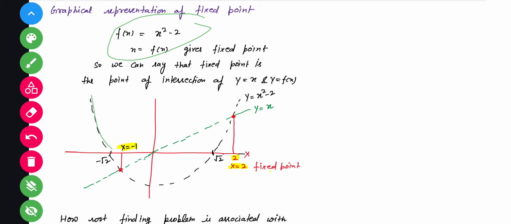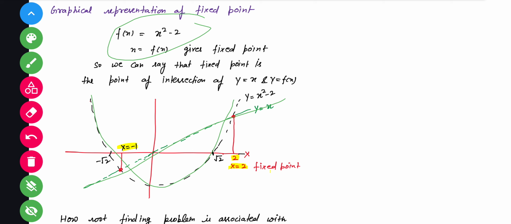So this is our y equal to f(x), that is y equal to x square minus 2, and whichever point on this curve has the same value of x and f of x, the line y equal to x should pass through that curve, and both will intersect at the fixed point of the function f(x), right?